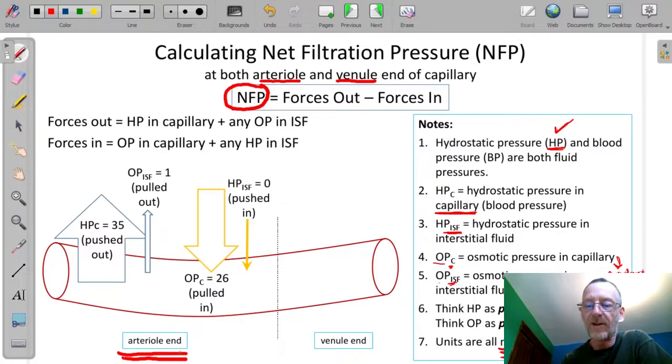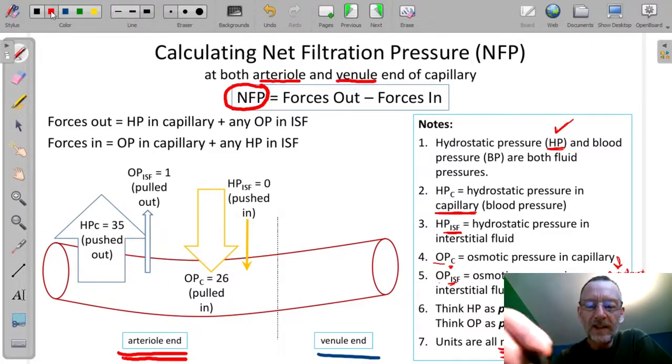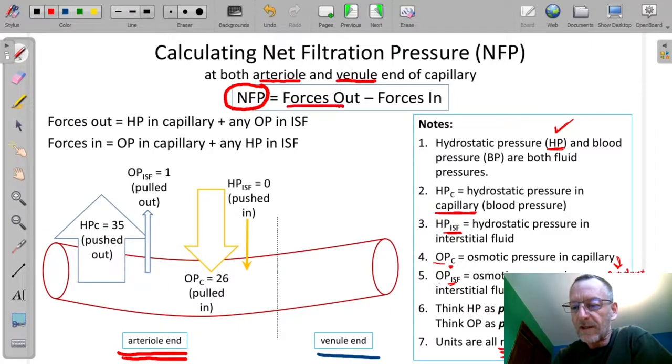We'll do that first, and then we'll come back and do the venule end of the capillary. But the math is exactly the same. So if you think in terms of forces out minus forces in, what are the forces that are making fluid leave the capillary, and what are the forces bringing it back in? That's the idea.